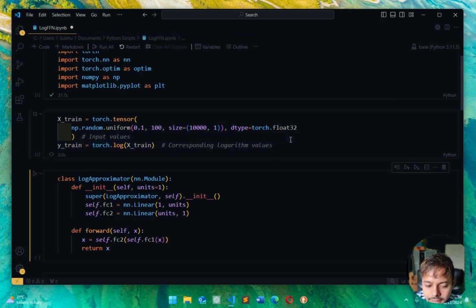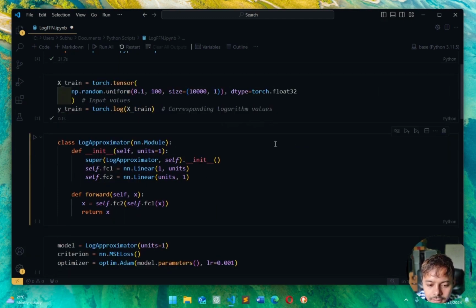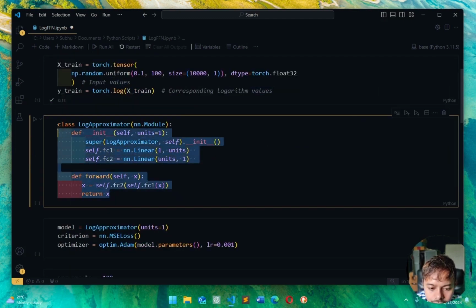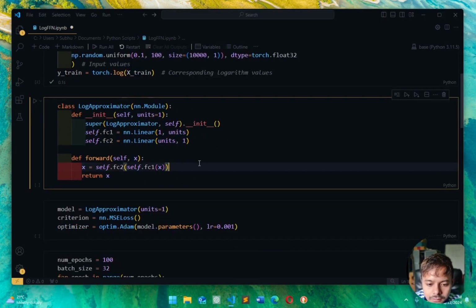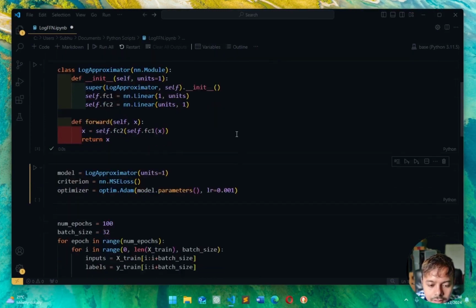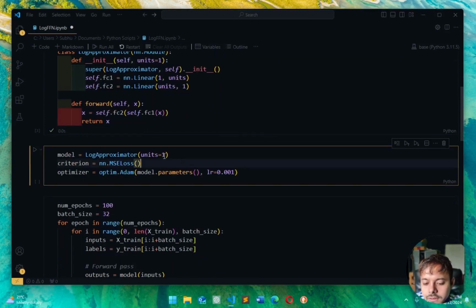Let's initialize the input values. This is the single layer architecture we are using. I don't need to explain each and everything about it. Let's initialize the model. Now I'm using only a single layer.